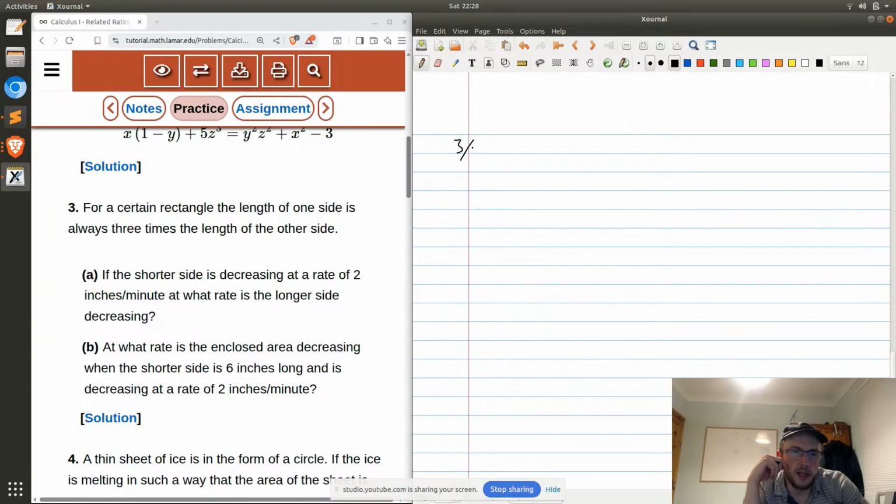For a certain rectangle, the length of one side is always 3 times the length of the other side. If the shorter side is decreasing at a rate of 2 inches per minute, at what rate is the longer side decreasing? What?